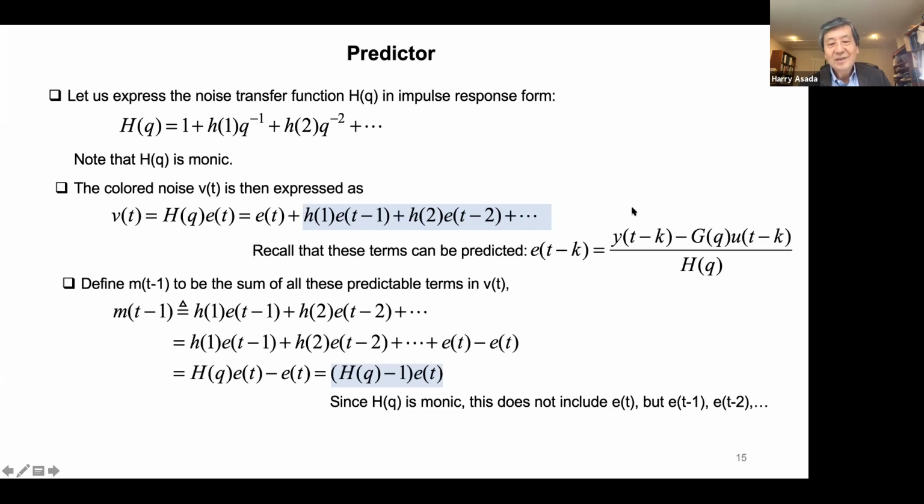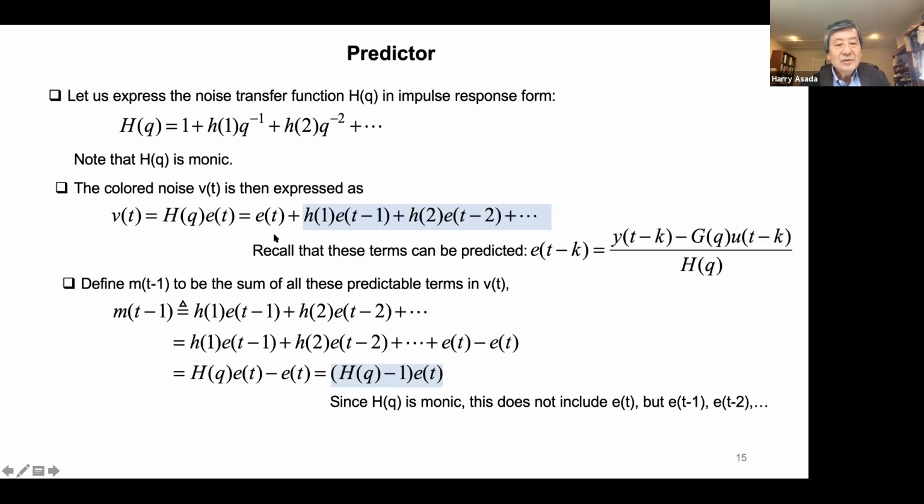We can get this expression. Now the first term, e(t), we can't do anything about. This is totally unpredictable. But all the other terms, e(t-1), e(t-2), are predictable, because we have already observed y(t-k) and we know what input we used. So we can predict all of these except for this one.